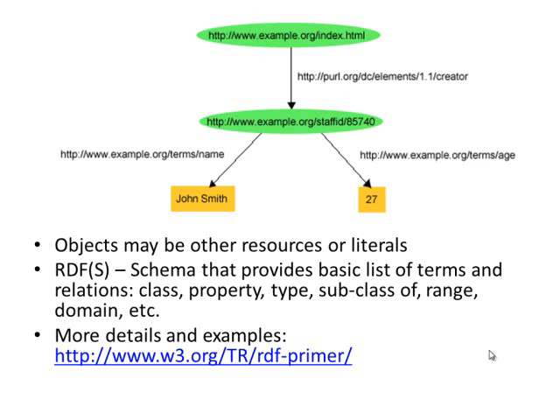And so there's a list of terms and relations. These include class, property, type, subclass. There are several that are defined here. Not really important for you to remember those in particular, although if you do want more details and examples about RDF and how this all works, you can take a look at this link on your own time.